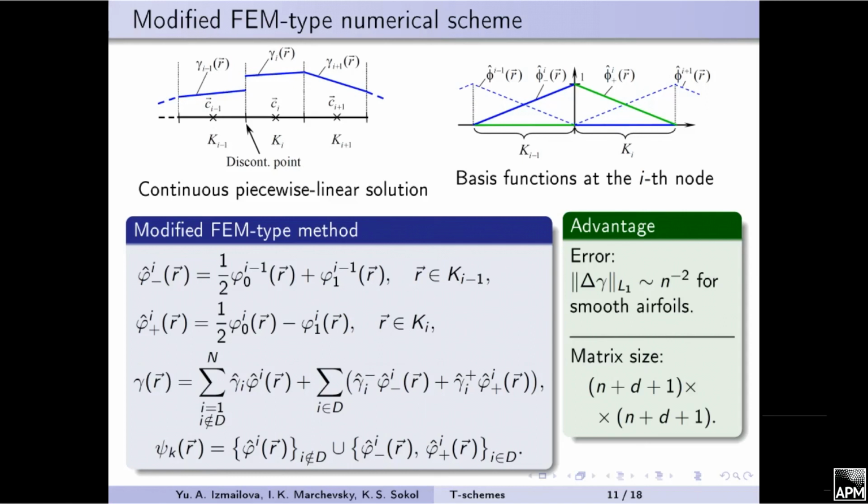If the solution is bounded but has a finite jump, the previous scheme can be modified by adding a new basis function at the node where the discontinuity of the solution should be taken into account.